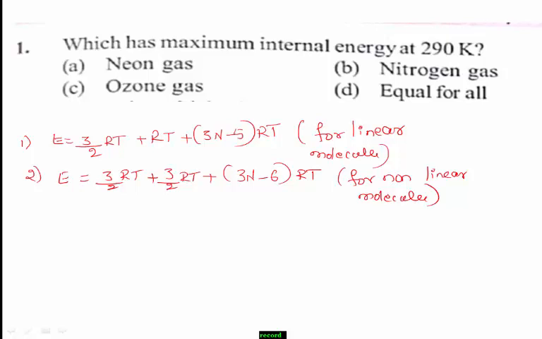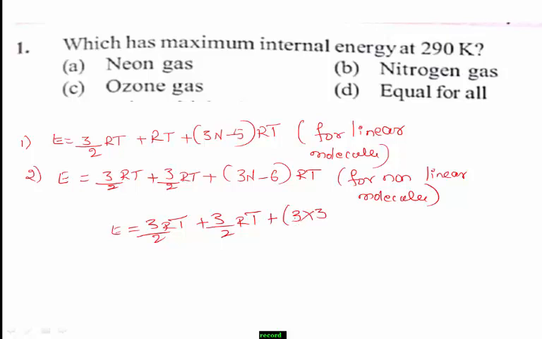Students, among the given options, you know ozone. Ozone is a bent structure containing molecule, right? Ozone, O3. Therefore, I apply the formula E equal to 3 by 2 RT plus 3 by 2 RT plus 3n minus 6 RT.